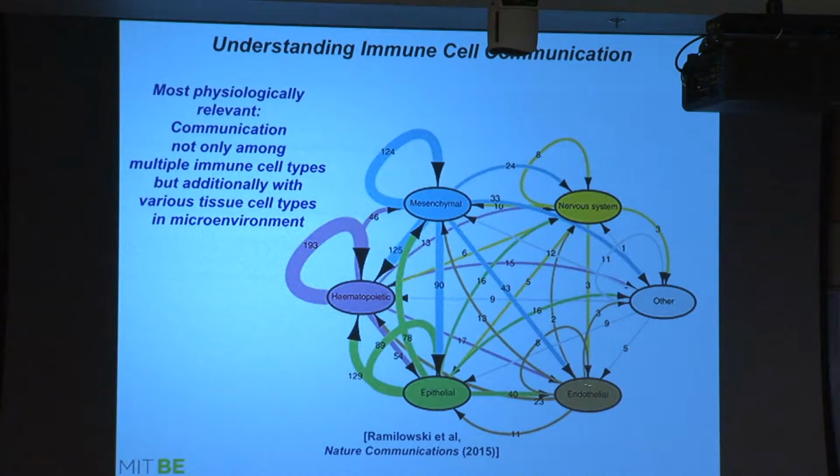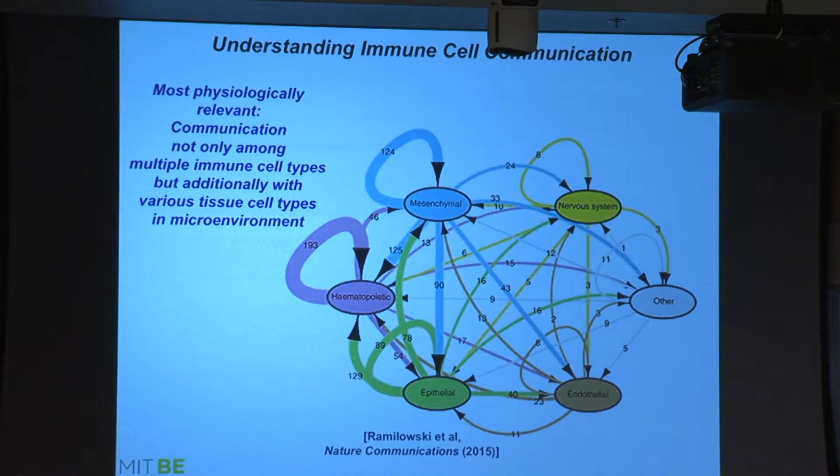And in fact, you can find in the literature some nice depictions of not only the crosstalk of communication of cells among the immune system, depicted by hematopoietic here talking to themselves, but also with epithelial cells, mesenchymal cells, nervous system, endothelial, and so forth.